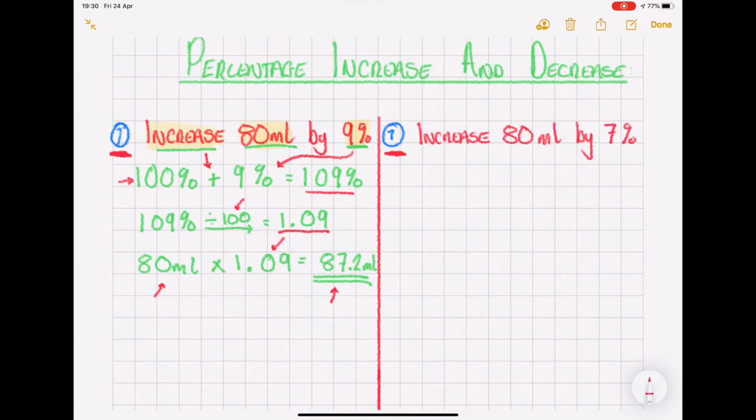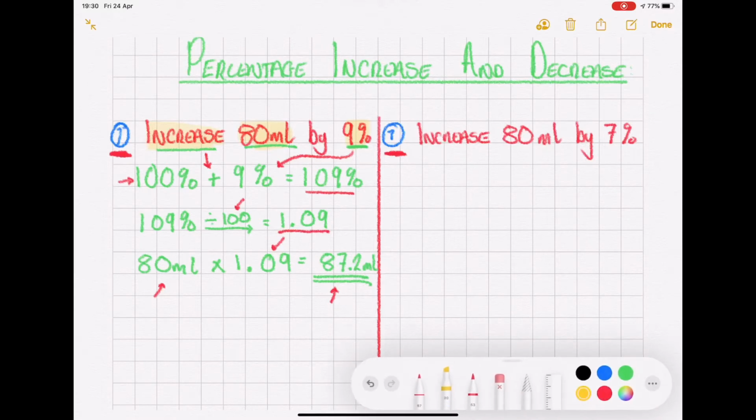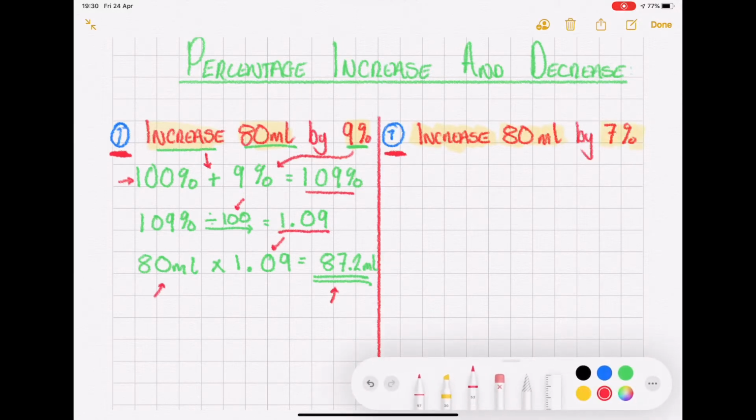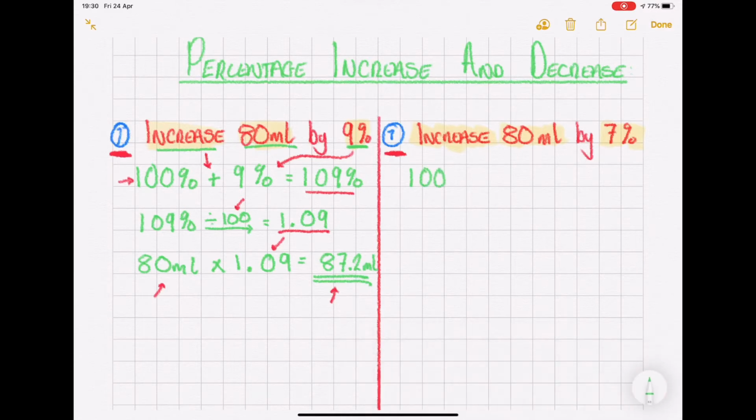Okay, fantastic. Let's look at this. So we are increasing 80 millilitres by 7%. So we're increasing, so that's 100%, and increase means getting bigger, so we're going to add our 7% to get 107%.